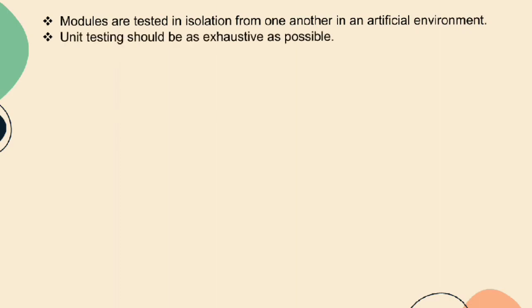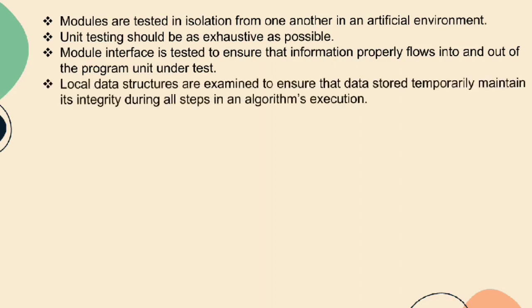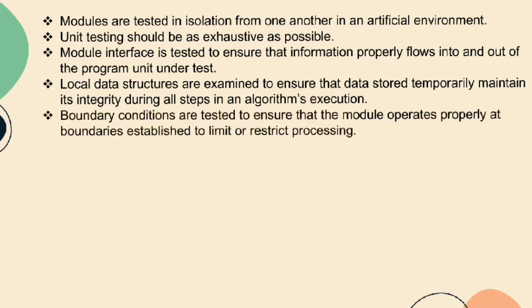Unit testing should be as exhaustive as possible. Module interface is tested to ensure that information properly flows into and out of the program unit under test. Local data structures are examined to ensure that data stored temporarily maintains its integrity during all steps in an algorithm's execution.